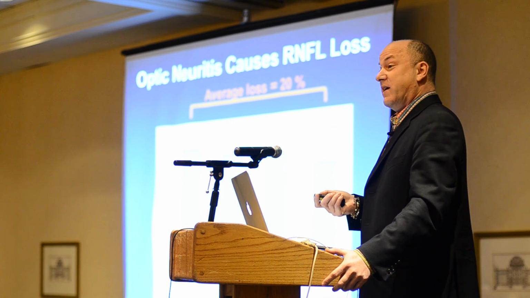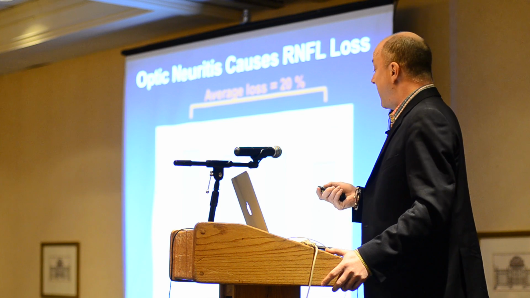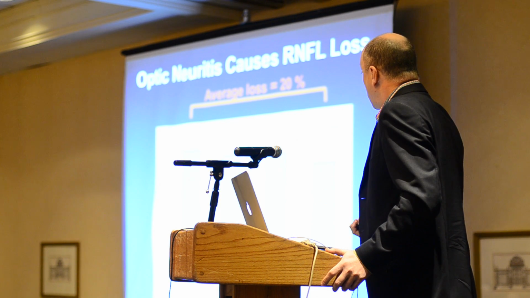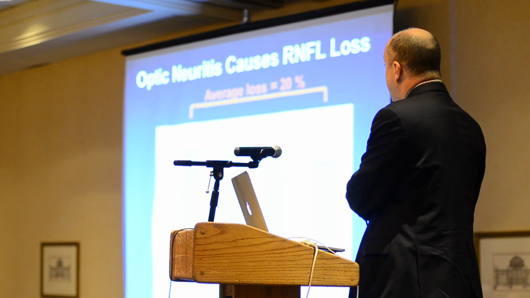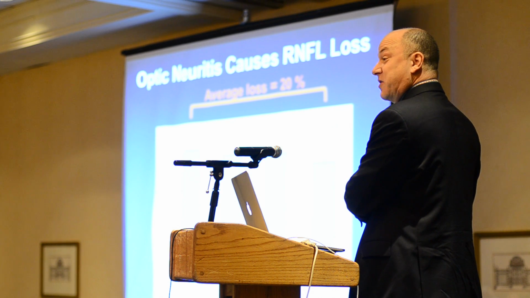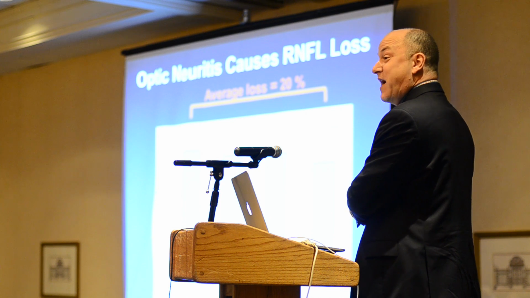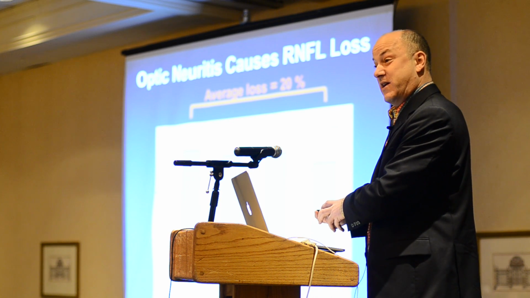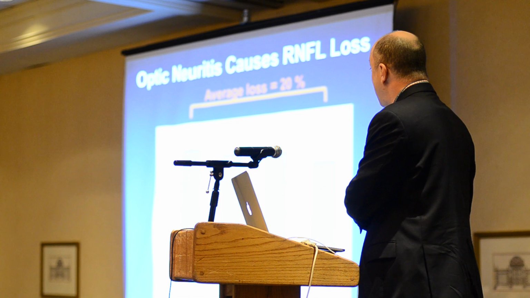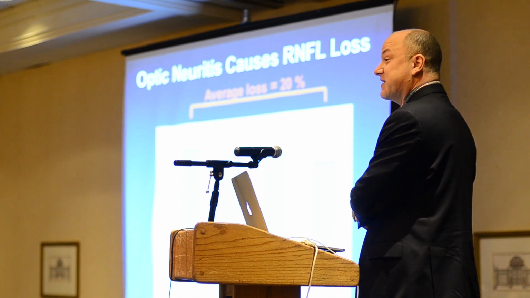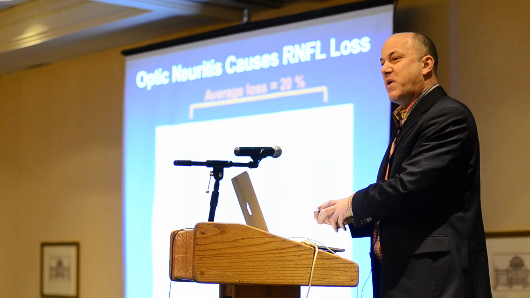More importantly, and interestingly enough, we also find out that when people have optic neuritis in one eye, the fellow eye is injured a little bit. And in people who have MS who've never had optic neuritis, we find out that their optic nerve cables, those axons, are thinner than the average population.